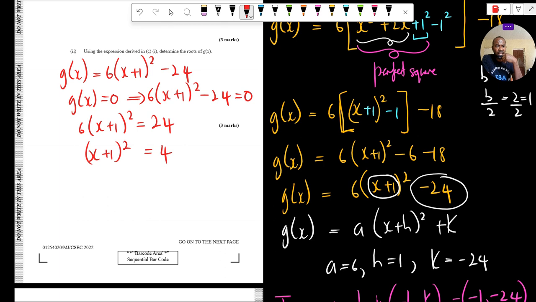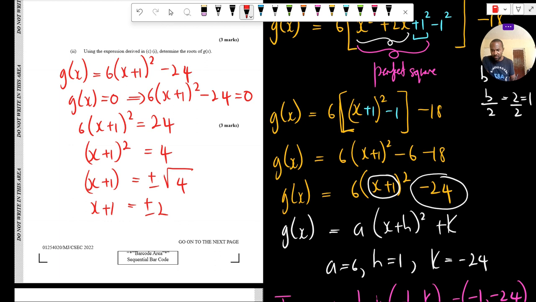Now, many students, when they see an equation like this, focus on positive numbers. But you have to remember, when it comes to expressions like this, you have to take both the positive and the negative square root. So we say that x + 1 is equal to plus or minus the square root of 4, and so x + 1 equals plus or minus 2.